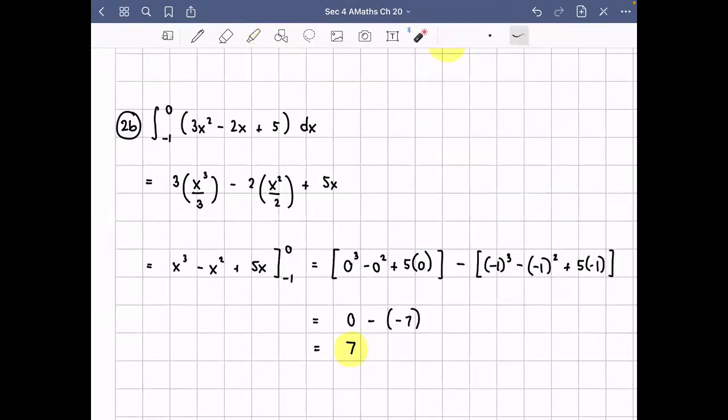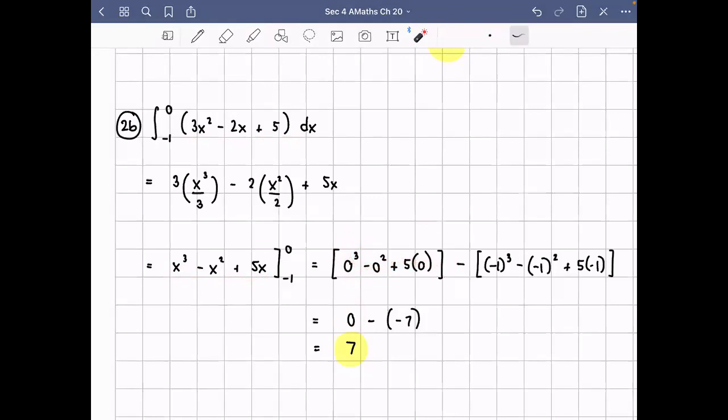Again, let me just go through this. We get the antiderivative of this, so in the process, your answer is x cubed minus x squared plus 5x. And then we find the difference of the upper and the lower limit. This is your upper limit, everything is 0 here, so that's a 0.